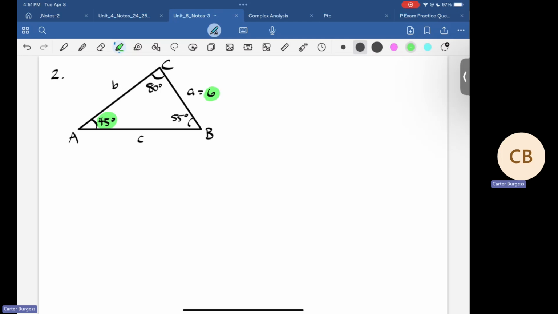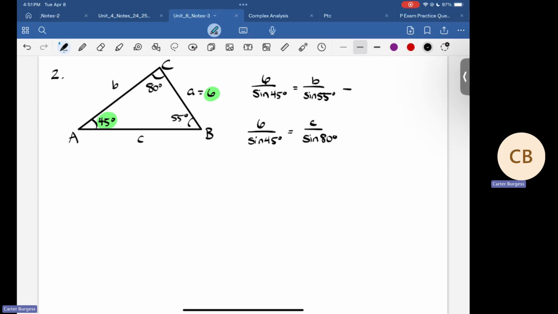If we know an angle and a side, then we can go ahead and set up our law of sines. We're missing only these side lengths here, so I'm going to set it up in this way. That's 6 over sine of 45 degrees is equal to B over sine of 55 degrees, and 6 over sine 45 degrees is equal to C over sine of 80 degrees.